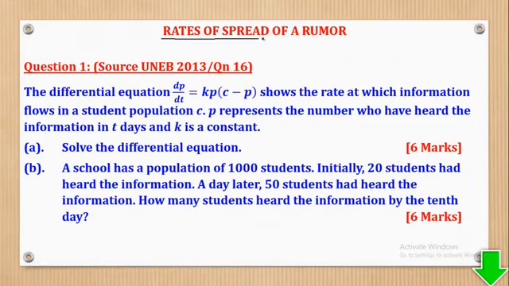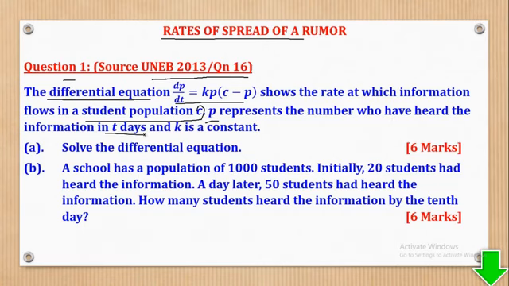So now we shall go to rate of spread of aroma, and question 1 came from UNEB 2013, paper 1, question 16, and says the differential equation shows the rate at which information flows in a student population. P represents the number who have had the information in t days, and k is a constant.